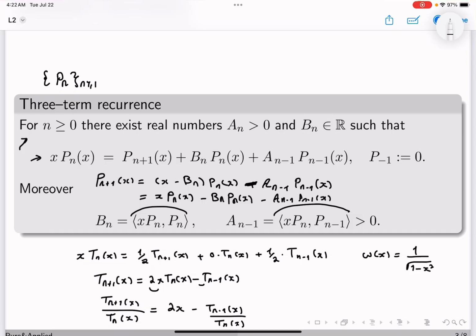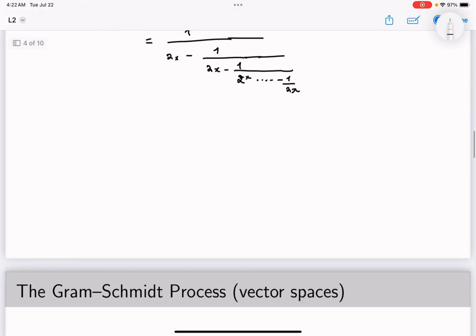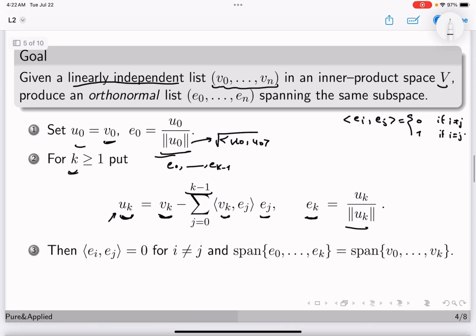So the observation is that it looks like we're constructing pn plus 1 by taking a polynomial of degree n plus 1 and subtracting from it the projection of it on other polynomials. So it looks like this is resembling what's happening in Gram-Schmidt here.